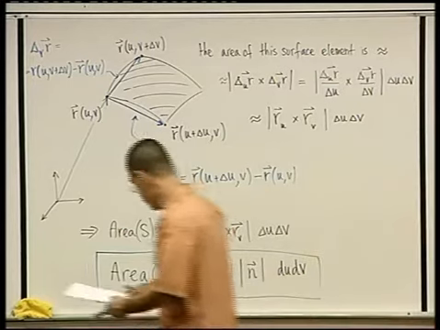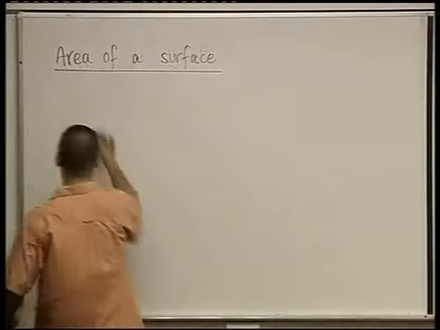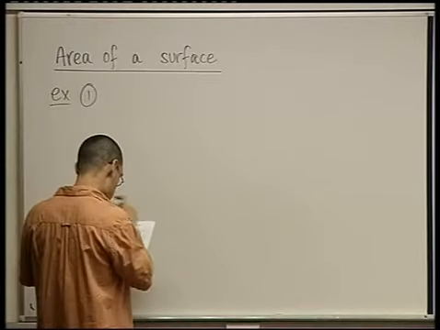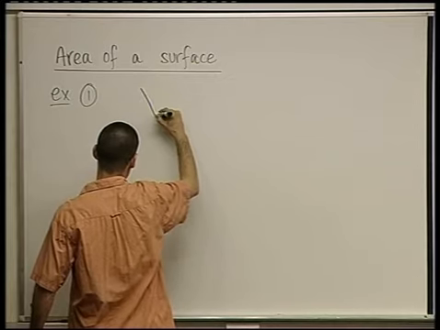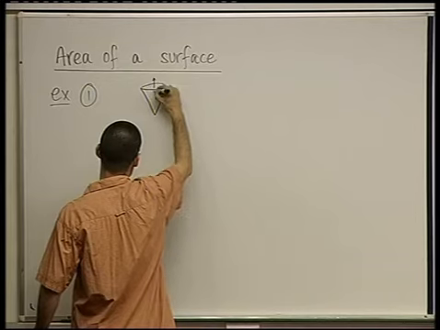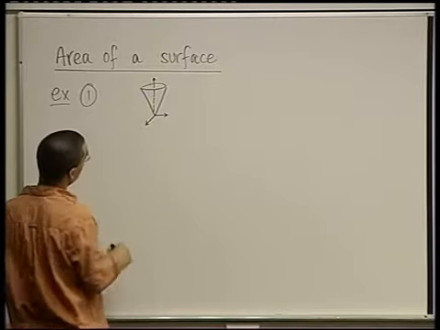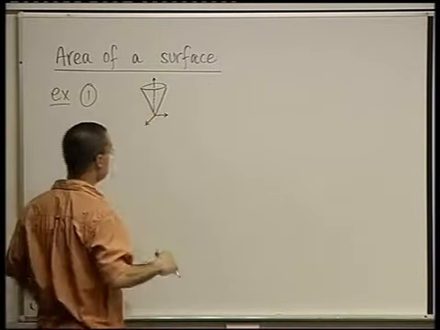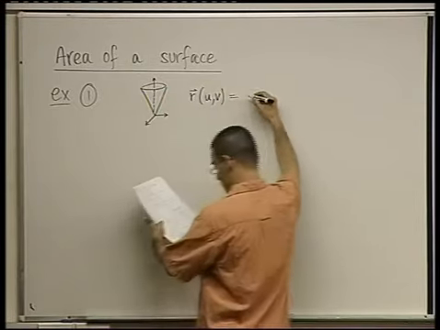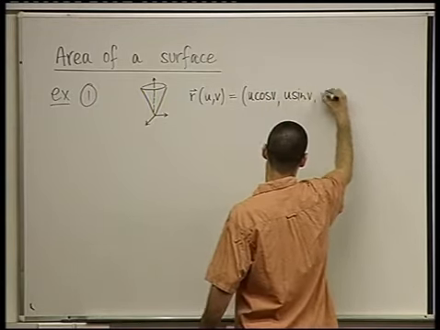Let's do a simple example and then move on to more complicated things. So here's our first example, example 1. I want to remind you that when we first discussed parametrizations, we found a parametrization of a cone, where z ranges between 0 and 1, and the parametrization was r of u,v equals u cosine v, u sine v, and u.